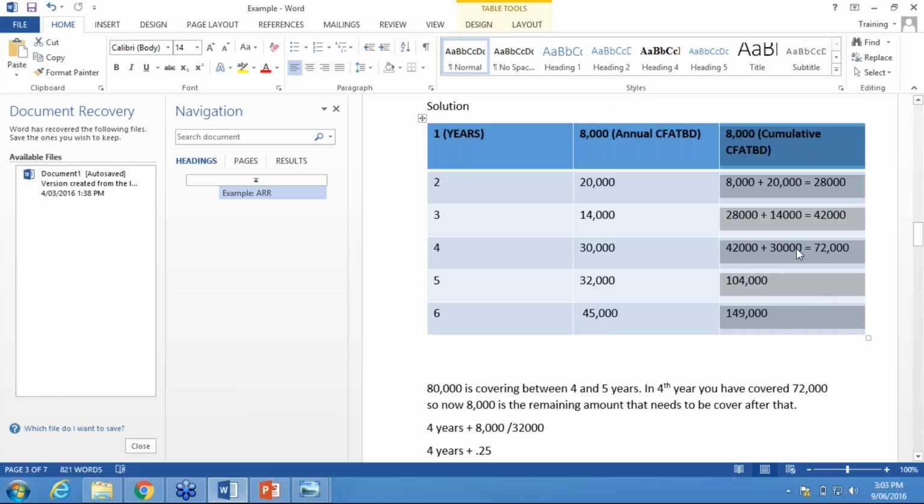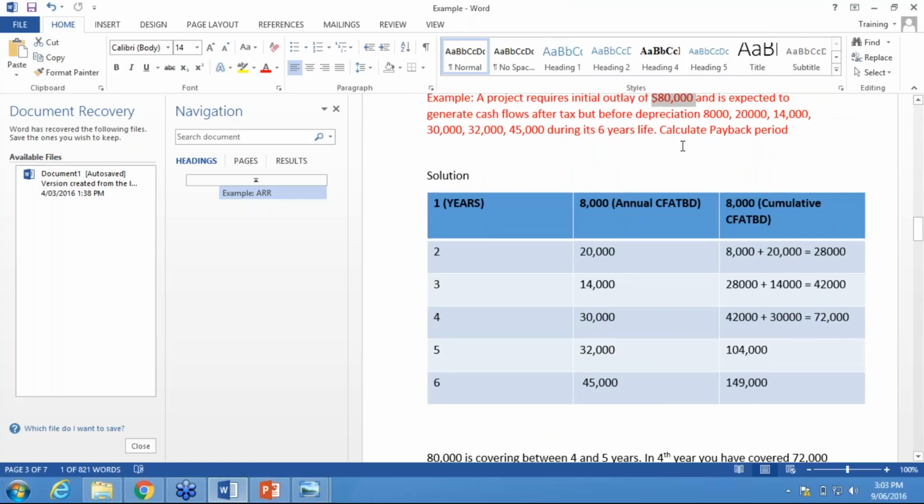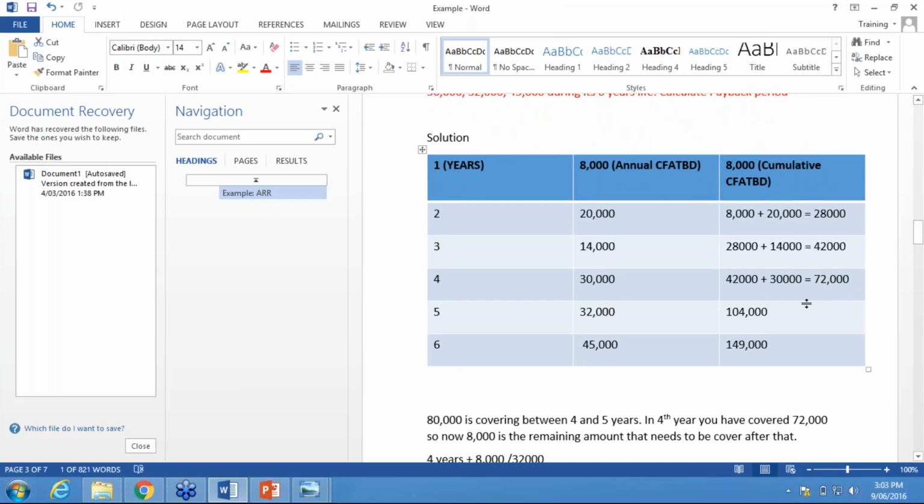Now step number 2: what was your original investment or outlay? That was 80,000. Just look at this cumulative figure now. How long minimum will it take to cover 80,000? First year 8, then 28 altogether. In year 3, I will have 42. In year 4, I will have 72 altogether.